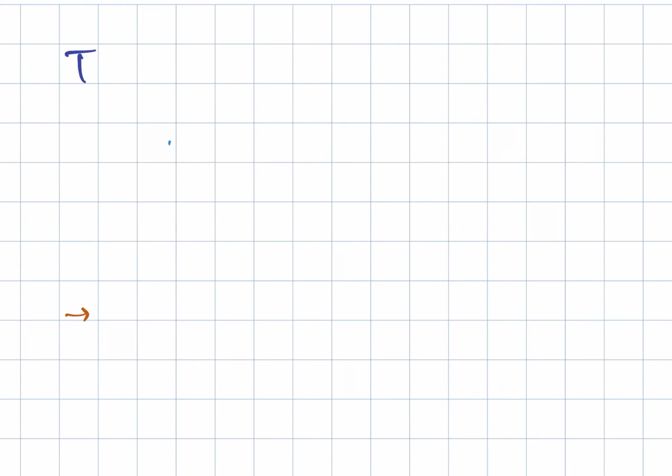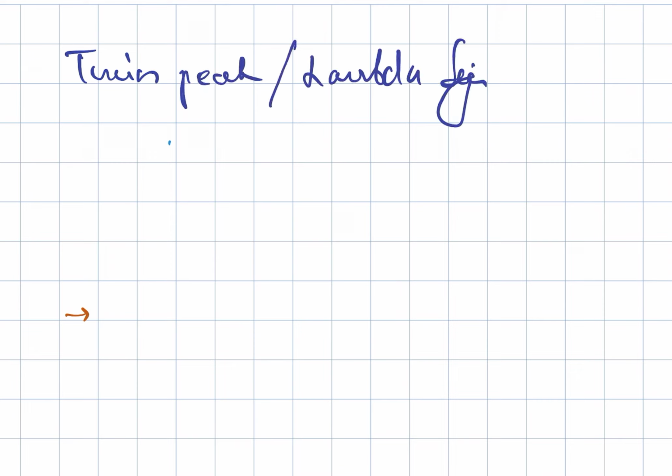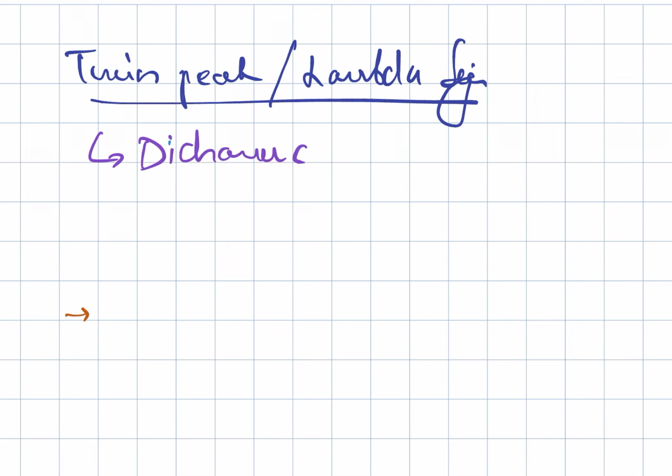Next, looking at the twin peak sign. Twin peak or the lambda sign is seen in cases of dichorionic twins.